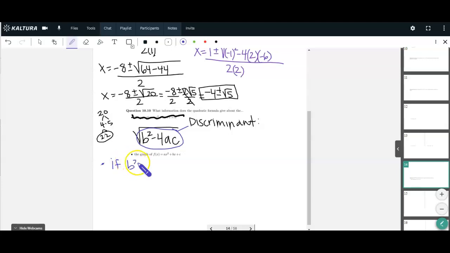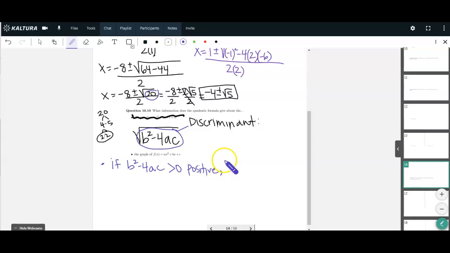So if the b squared minus 4ac, the stuff inside here, is greater than 0, meaning it's positive, if the number inside that square root after you've simplified is positive, kind of like we had here on that one, then that means that we're going to have two real solutions.